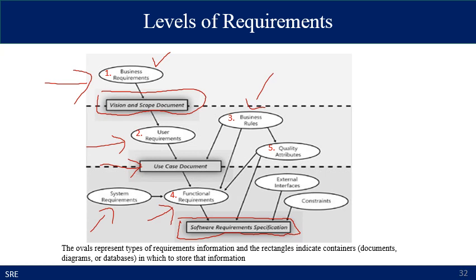It will provide the limitations and constraints of the business rules and quality attributes. It will also provide interactions of the system with the internal and external interfaces and constraints put on by the domain, the legal system, or any other standard imposed by third party organizations.